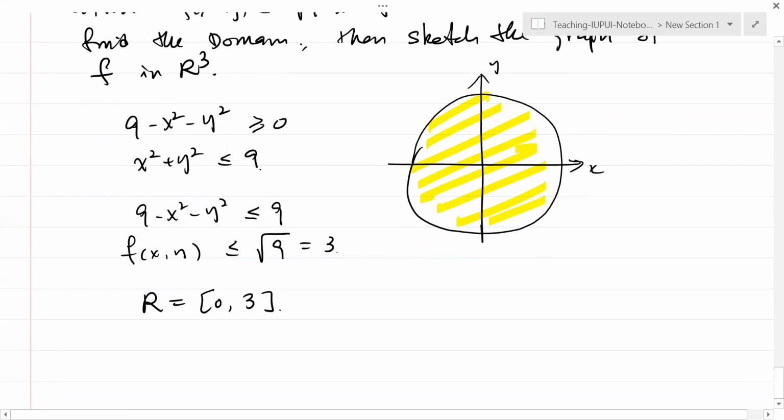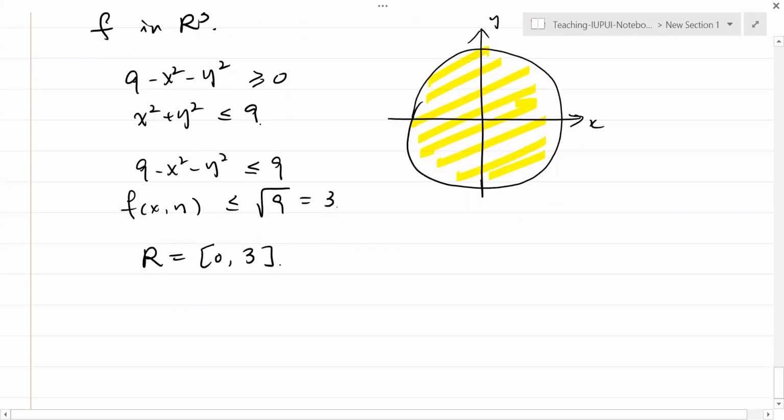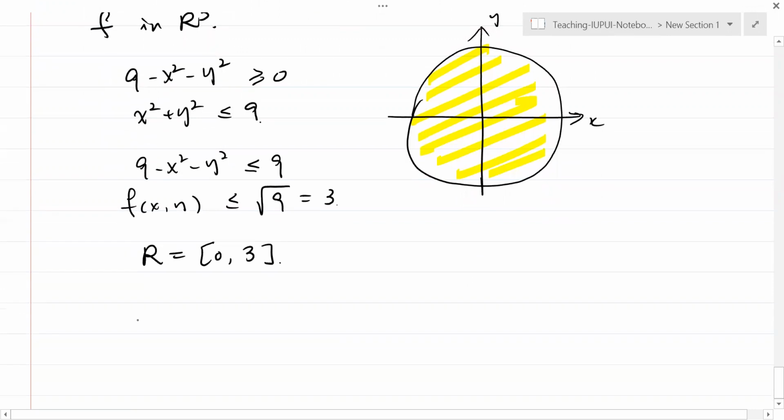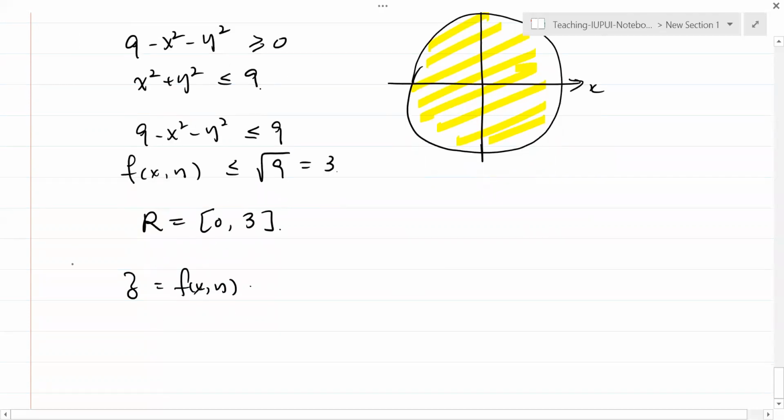How do we sketch the graph? It's a hemisphere. Look at the equation: z is the square root of 9 minus x squared minus y squared.